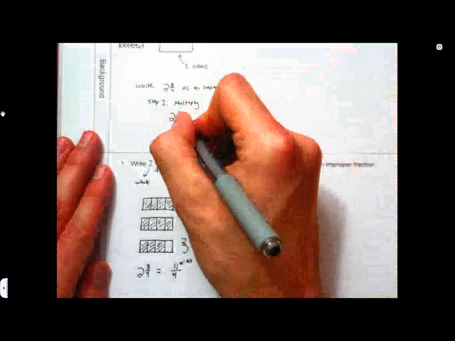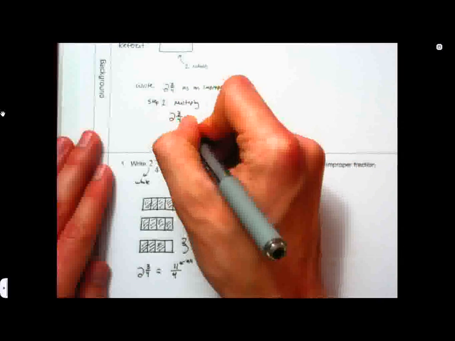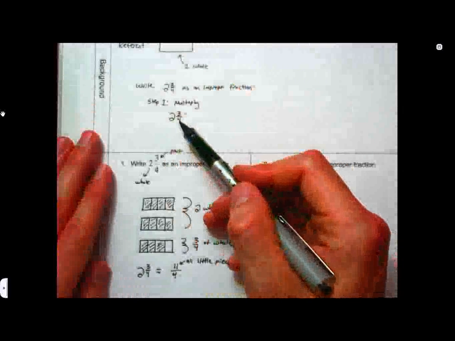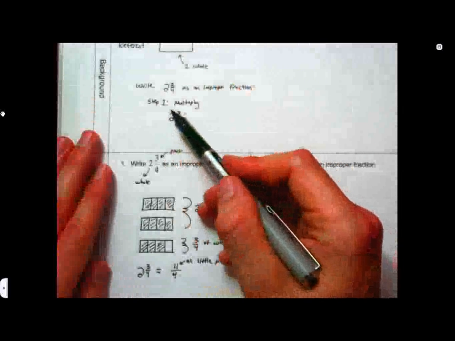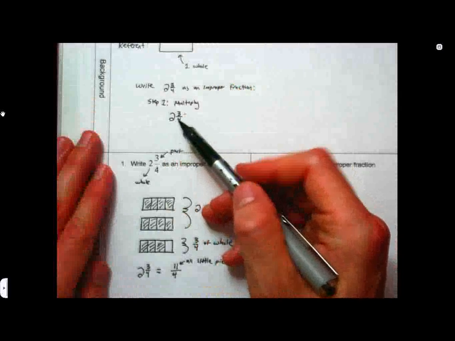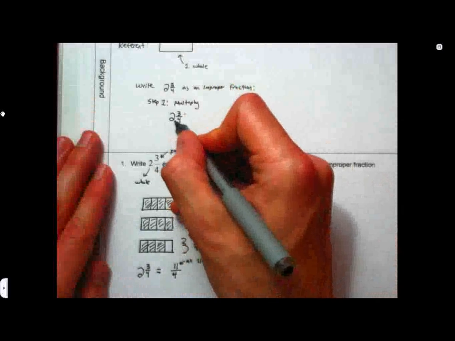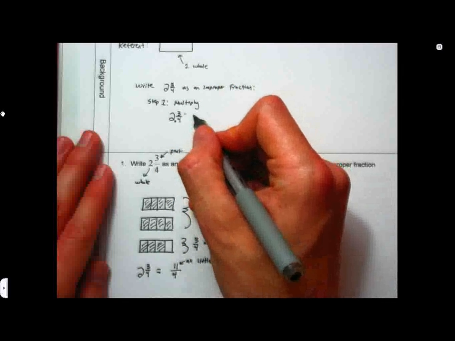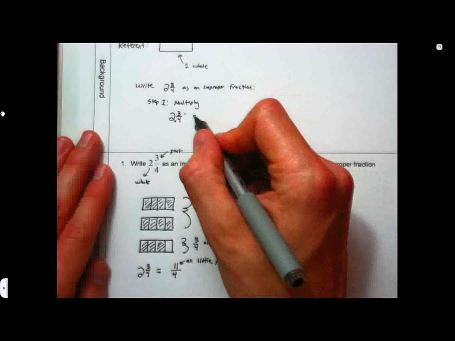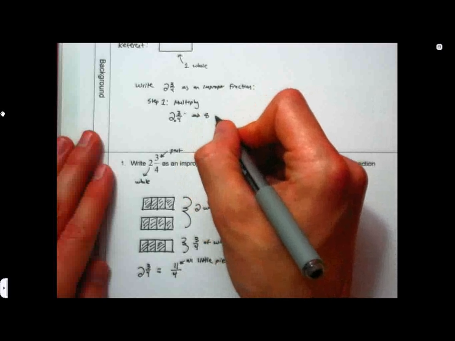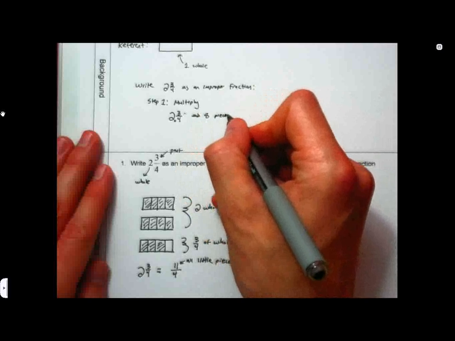So what I'm going to do is, if I have 2 3/4, well, again, the 4 tells me how many pieces my whole is cut into. And if I have 2 wholes and each whole is cut into 4 pieces, I'm going to multiply these two numbers together, and that's going to give me 8 pieces from the wholes.